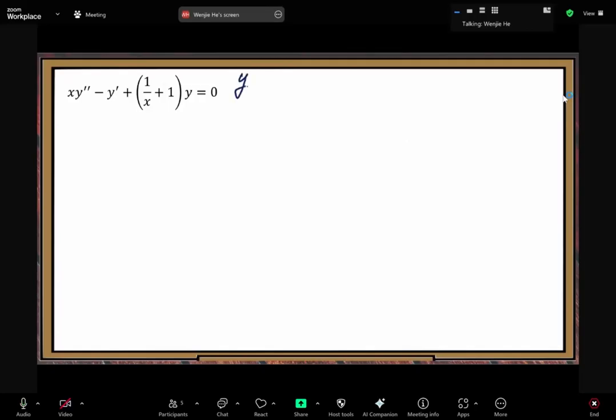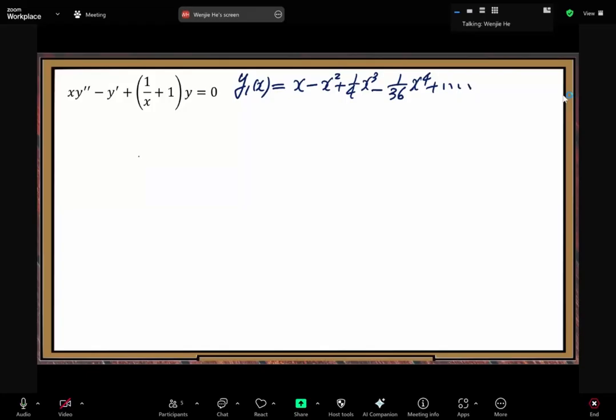So y1 of x equals x minus x squared plus 1/4 x cubed minus 1/36 x to the 4th. This is y1, okay?